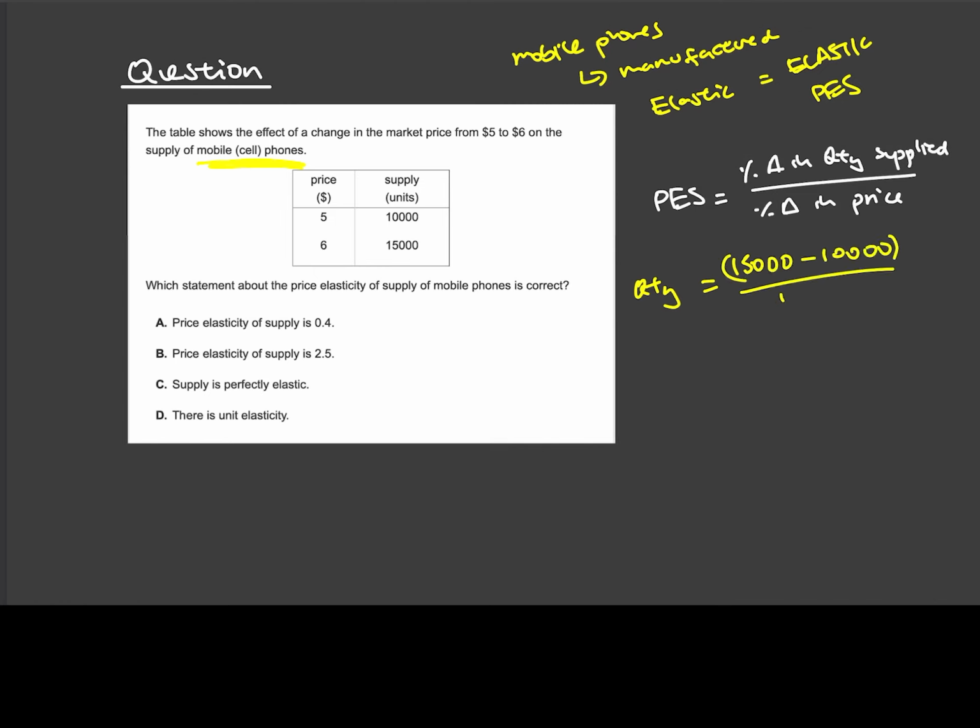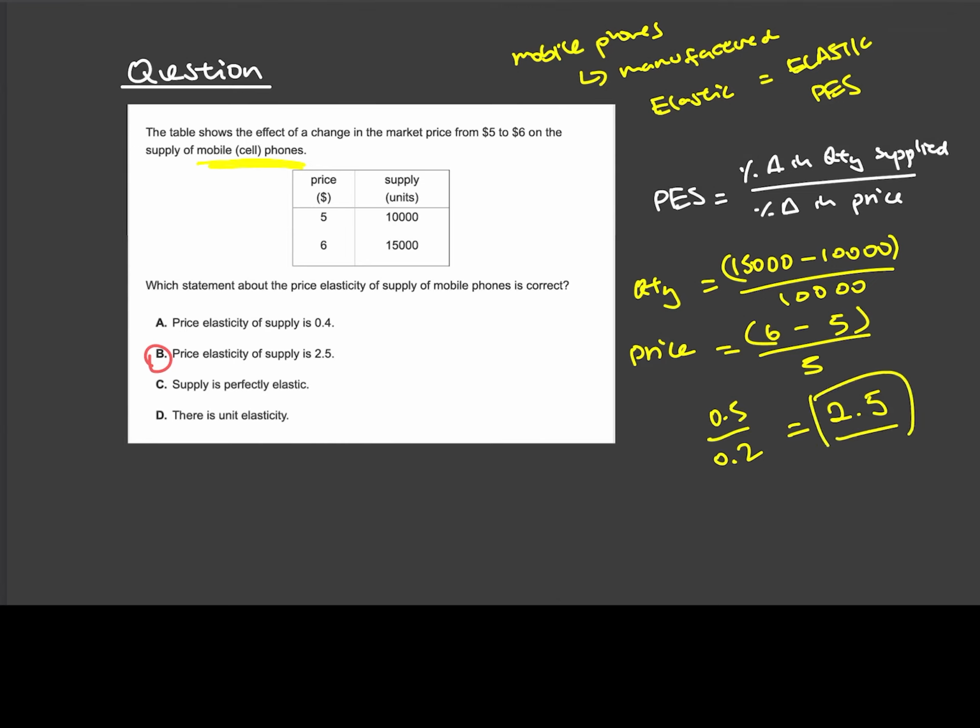As for price, the new price is $6, the old price is $5, and we divide that by $5, the old price. If you plug this into your calculator, you should get 0.5 over 0.2, which gives you a PES value of 2.5. Let's see the answers. That would mean B is our correct answer. And we would expect this, right? Because cell phones are a manufactured product, and as we've learned, they are pretty elastic when it comes to PES. So this is an expected value, and we will be happy with this answer.